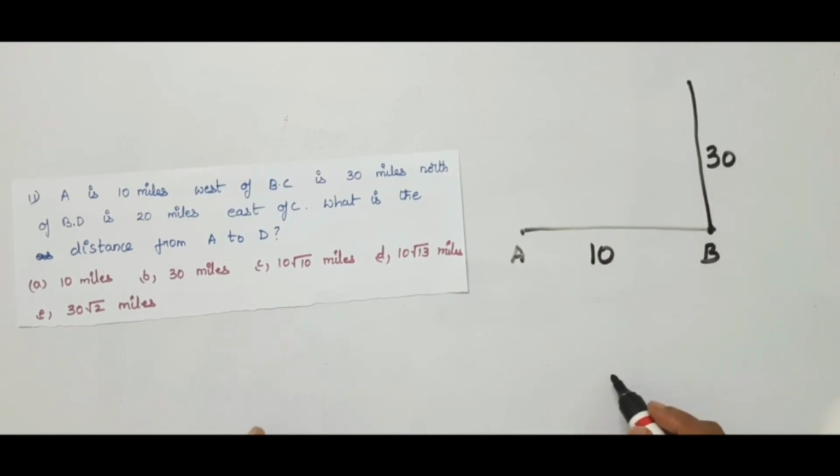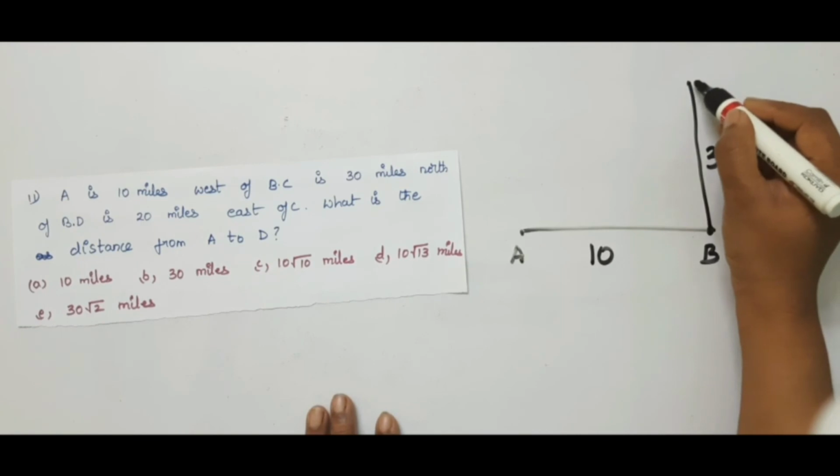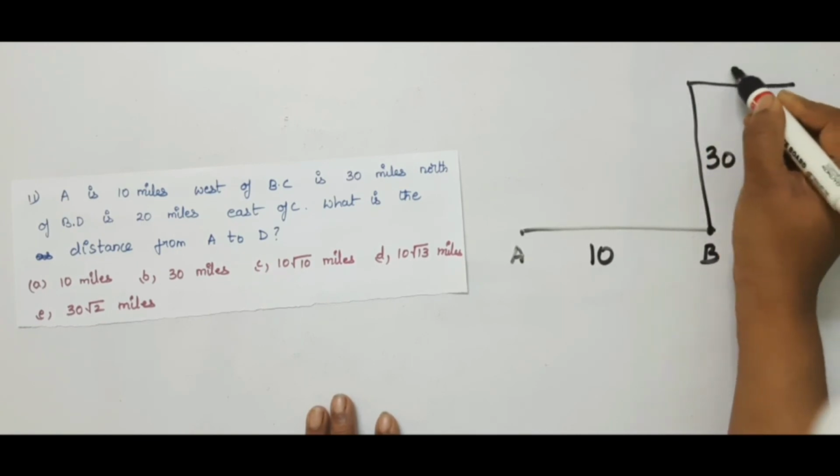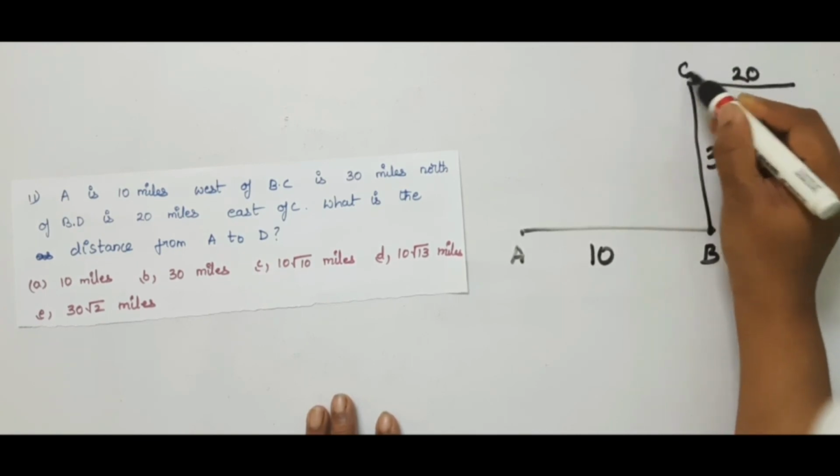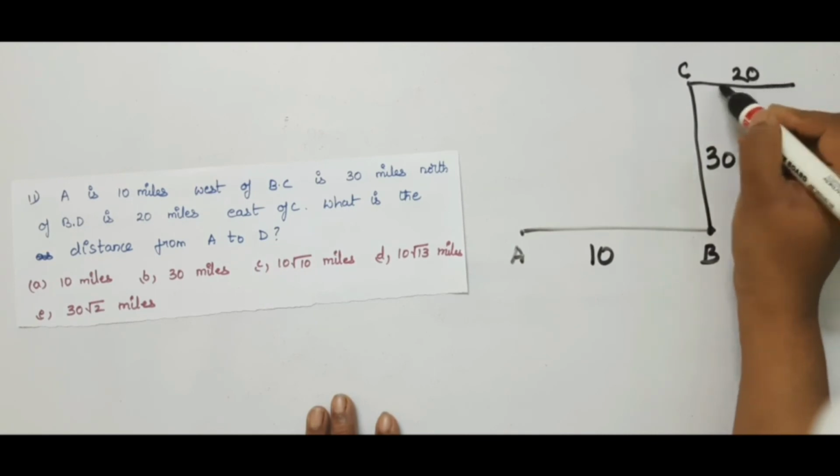Next, it is given that D is 20 miles east of C. So D is somewhere here, 20 miles east of C. East means this side.